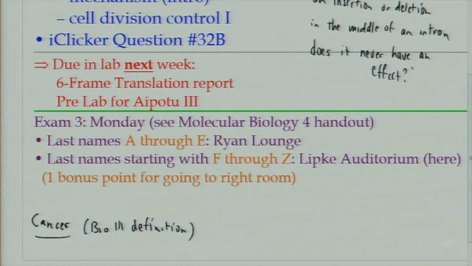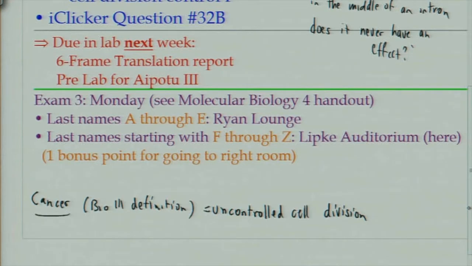Okay. And so, well, actually, let me just put it up in writing here.